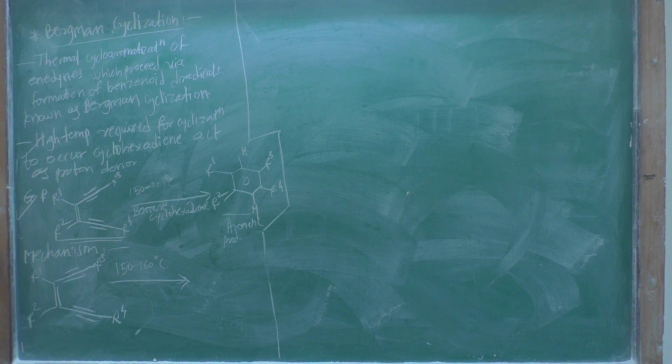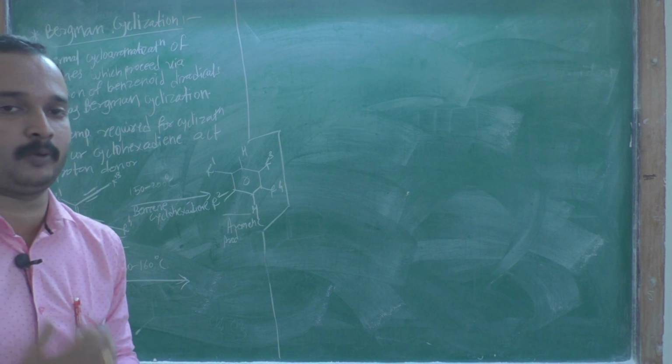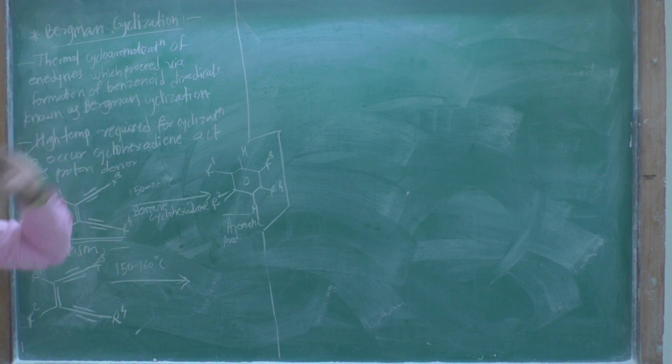Look at this mechanism, it is very simple. At high temperature, you get the formation of the benzenoid diradical.